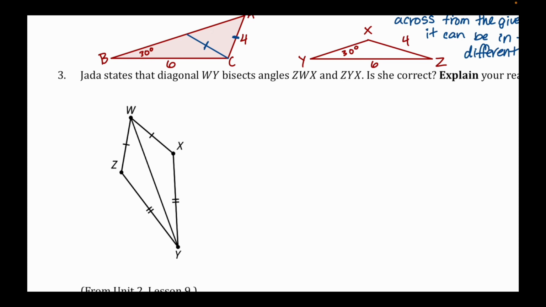We are going to say, yeah, we'll have to state the side thing. So triangle, I'm just going to use the order they gave me here, ZWX. Nope, that's not the triangle. It is ZWY.